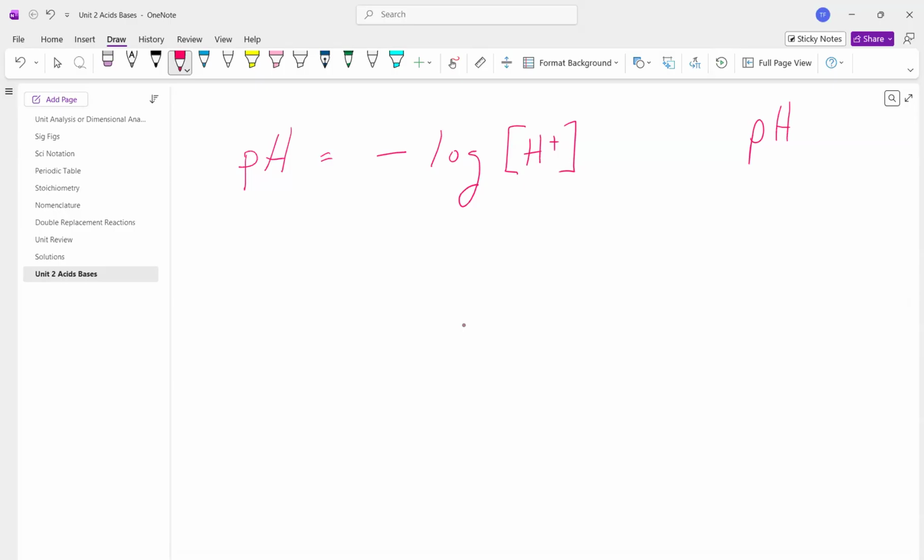Okay, and this is what I usually do when I calculate on my calculator. I just do the log and then I negate it, whatever the value is.